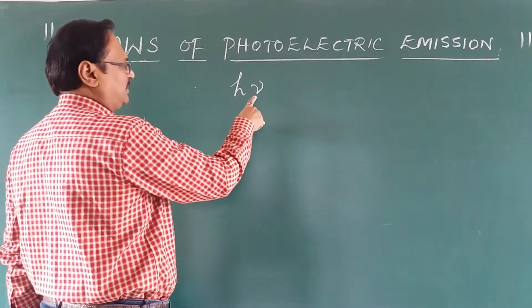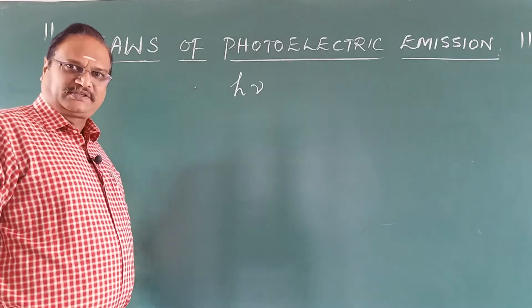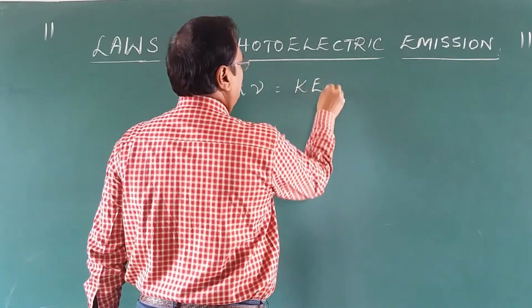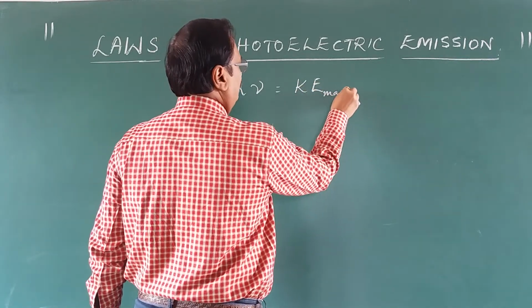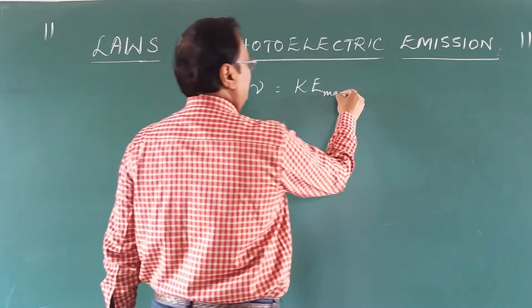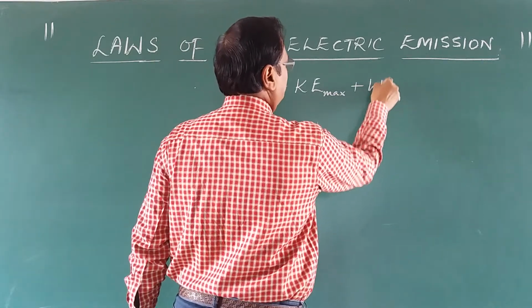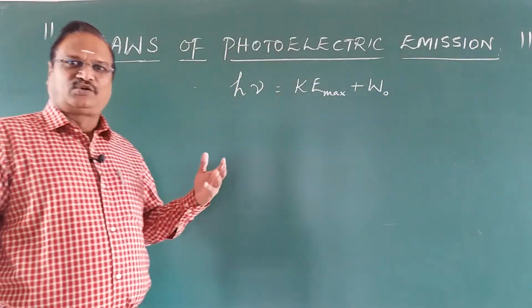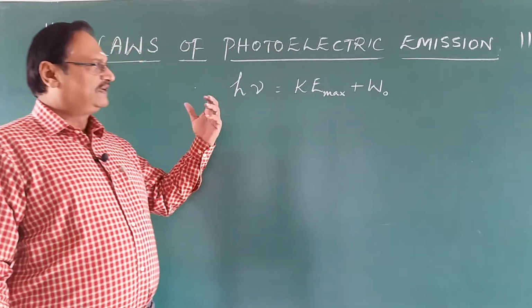h nu, given by Planck's quantum theory, is equal to the maximum kinetic energy of the photoelectron plus the work function, that is the minimum energy required to remove an electron from a metal.